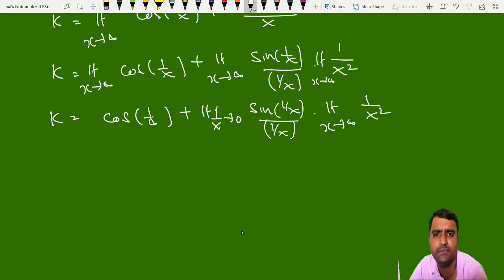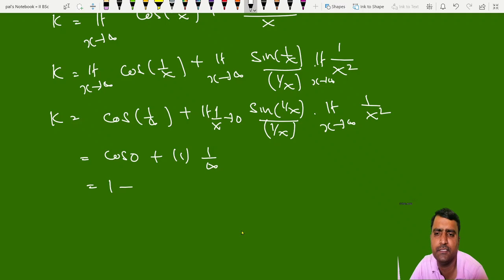1 by x tends to 0. So you write it is limit 1 by x tends to 0 sine of 1 by x by 1 by x. So in place of 1 by x you can write theta, sine theta by theta, theta tends to 0, like that. And you apply the limit to this. 1 by infinity is 0, it is cos 0 plus, by using formula it is 1, it is the standard limit, and to this one you apply the limit 1 by infinity.